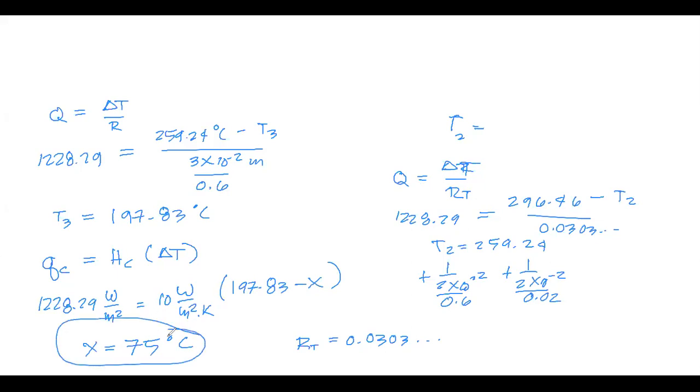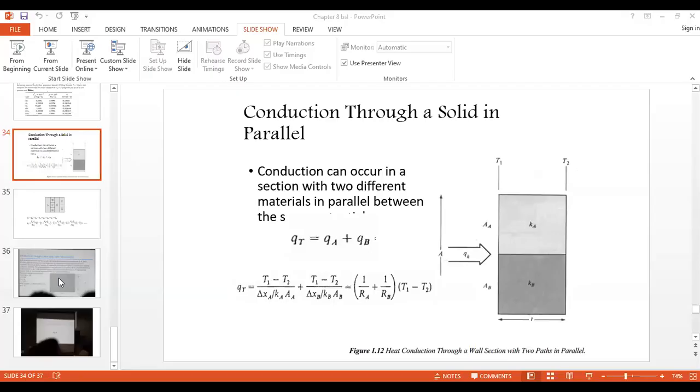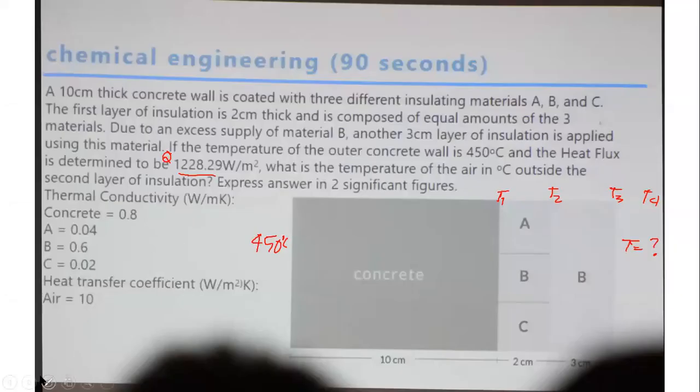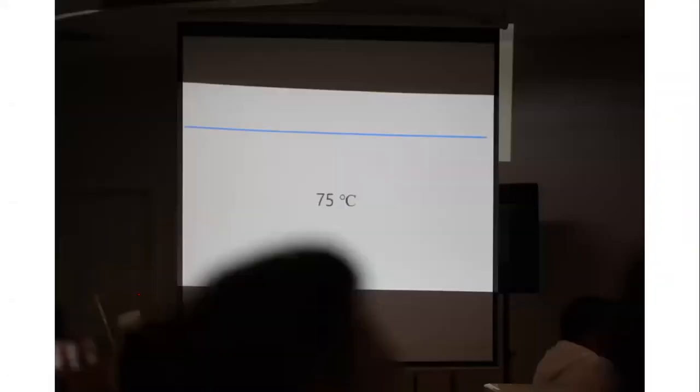So, medyo mahaba yung ganung solution, pero kaya naman.